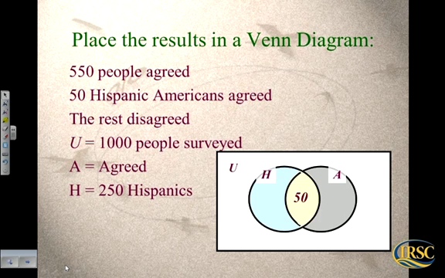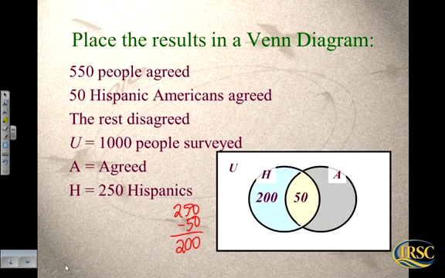You could say, okay, the rest of the Hispanics, I think somebody said, and that would be okay as well. So you have 50 that you've already accounted for, and you had 250 total. So this is where you have a series of subtractions now. So 250 minus 50 gives us 200. So we now have 200 left for that region.